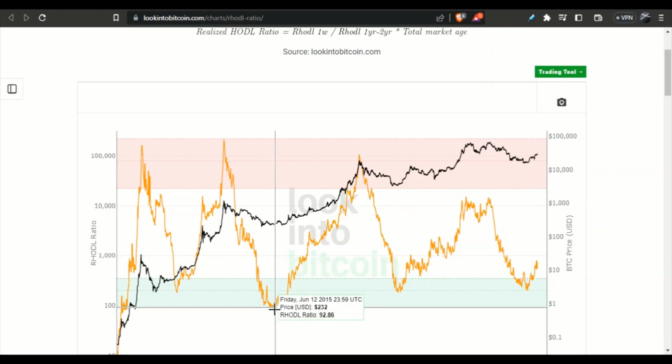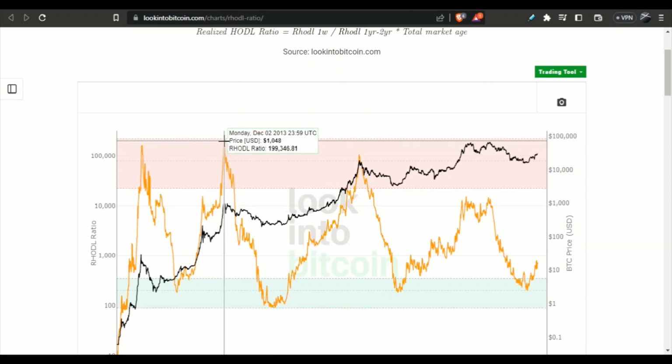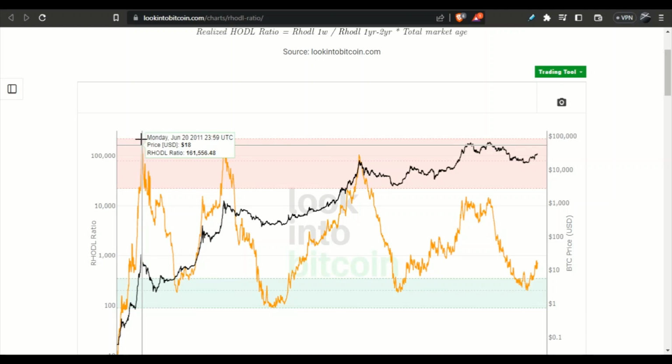As you can see here, we have the ratio at, for example, this bottom at 91.66, and this can go all the way up to, for example, 100,000 or even more, 212,000 here at this peak. Here we have it at 161,000.